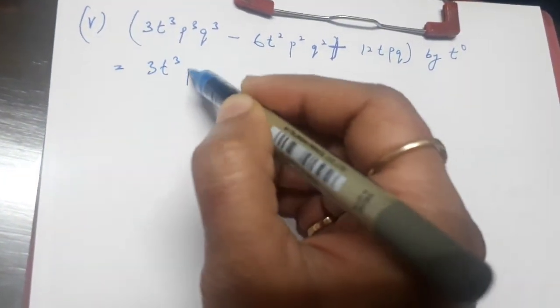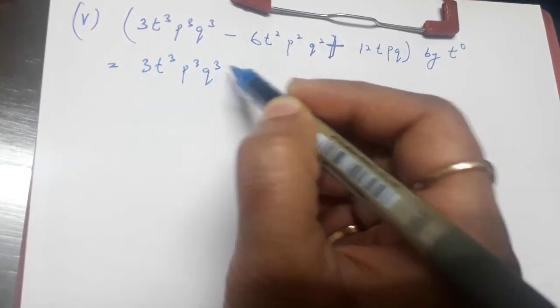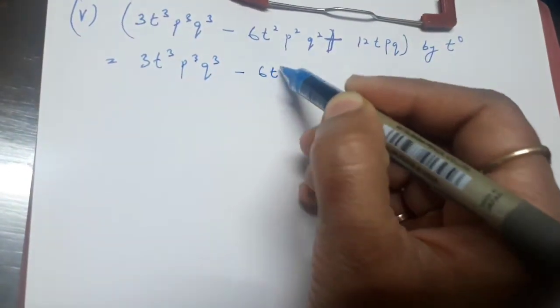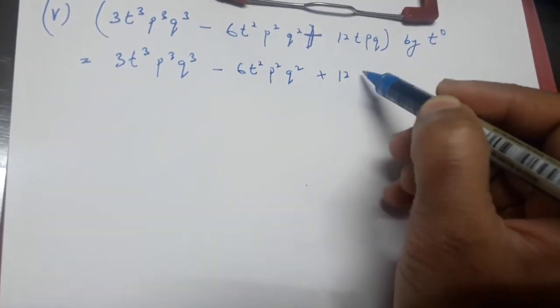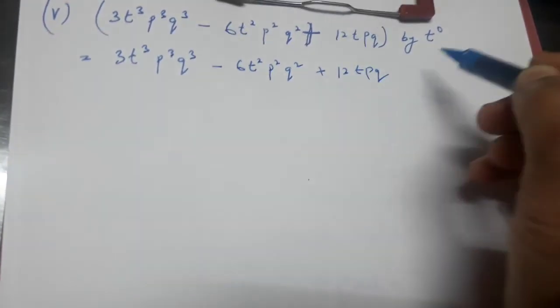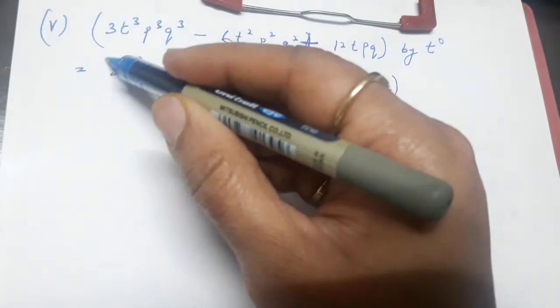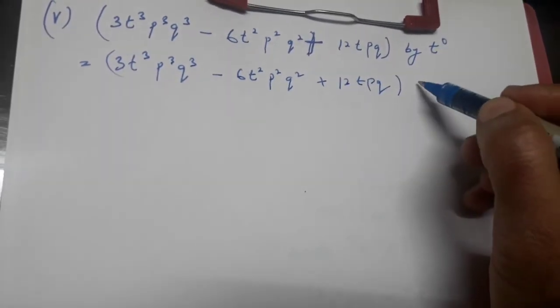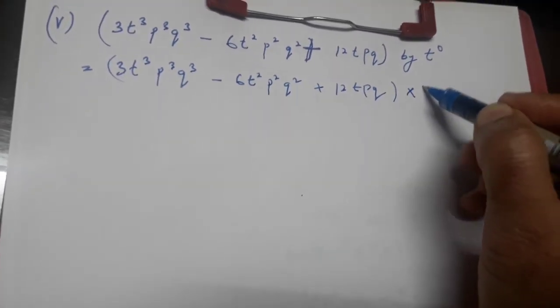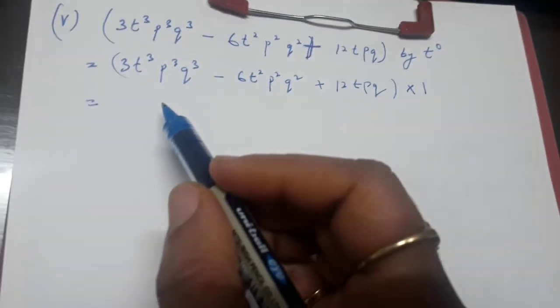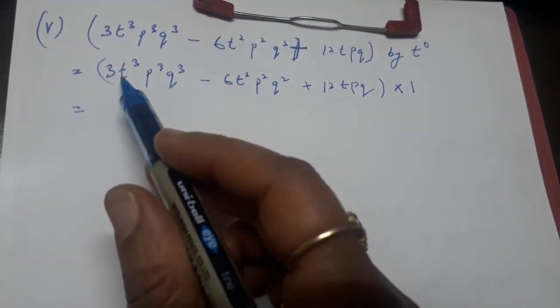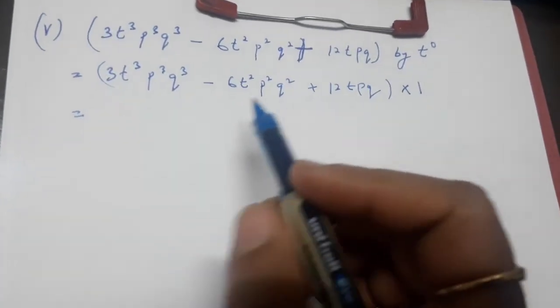3t cube p cube q cube minus 6t square p square q square plus 12 tp cube is getting multiplied by what? T raised to the power 0, that would be equal to 1. So if something is getting multiplied by 1, what does it mean? It means the answer would be that particular thing only.